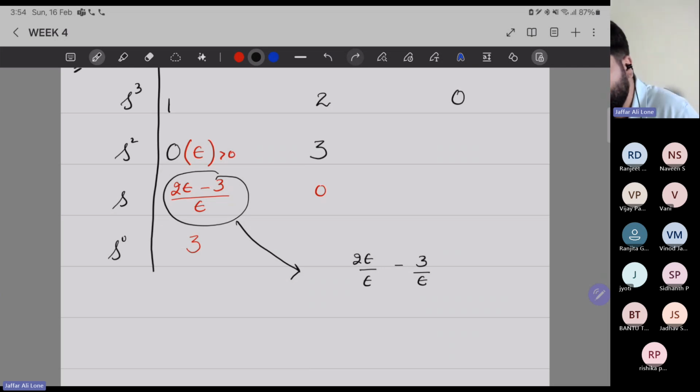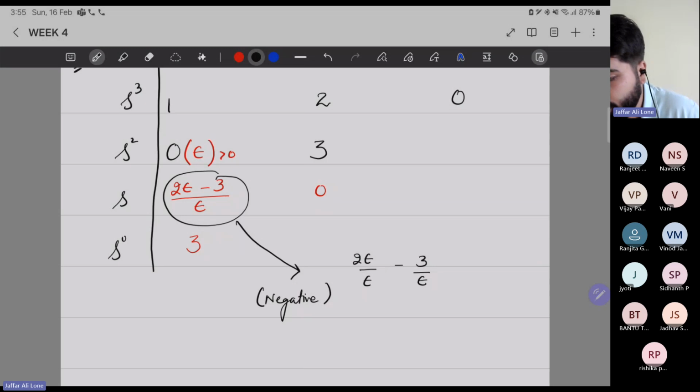Now, if you put a small value of epsilon, you'll always get this term negative. Even for small values of epsilon, this term is negative.